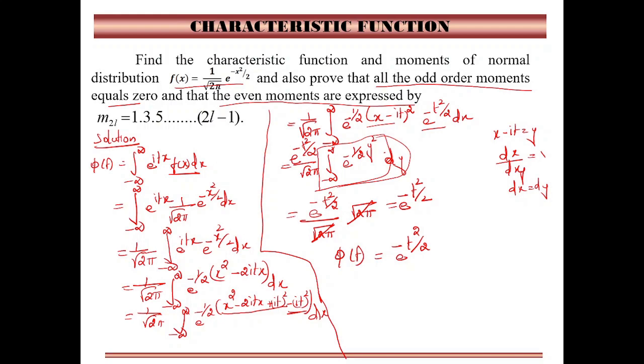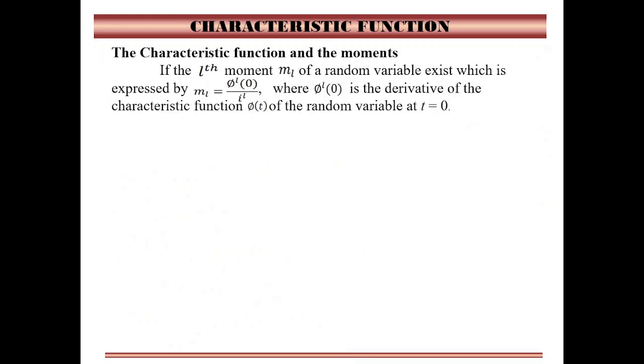Next, we find the moments. Already we have discussed, if the lth moment ml of a random variable exists, it is expressed by phi l of 0 by i power l. Phi l of 0 is the derivative of the characteristic function phi of t at t equal to 0.